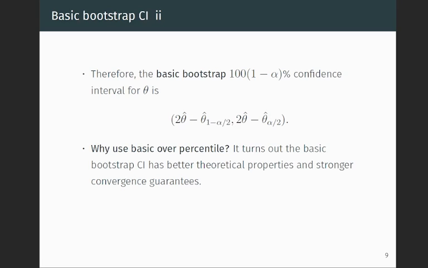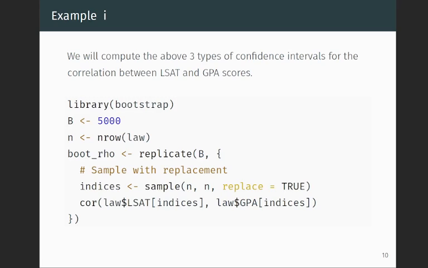Okay, so let's look at an example. We'll stick with the example we've been working on so far. We're going to compute the 3 types of confidence intervals that we've discussed for the correlation between LSAT and GPA scores. So the code here, we've looked at that code before. First, I'm loading the package bootstrap containing the data, and then setting B equals 5,000, and n is going to be the number of rows, so the number of observations.